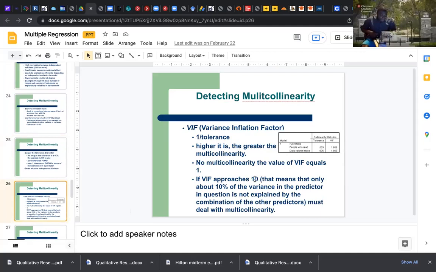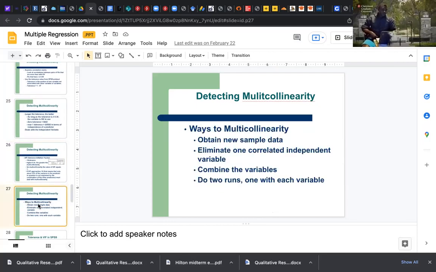If VIF approaches 10, it means that about 10% of the variance in the predictor in question is not explained by the combination of other predictors, and you must deal with collinearity. Ways to deal with multicollinearity: obtain new sample data, eliminate one correlated independent variable, or combine the variables. Or do two runs, one with each variable.